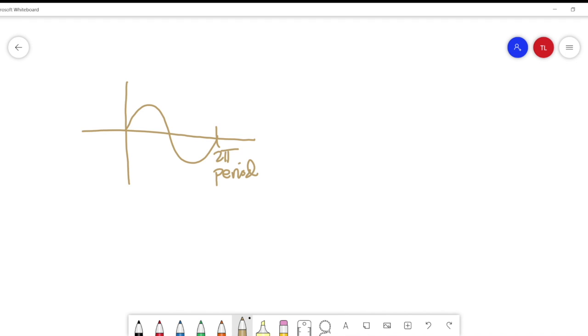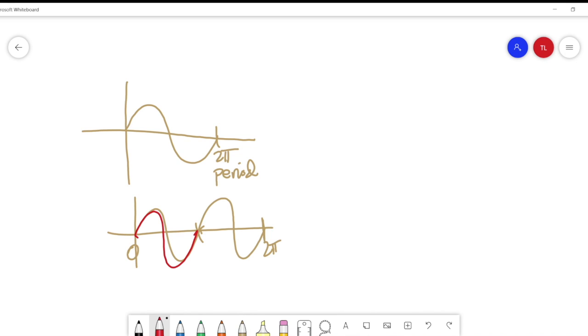But now, on this one, you go through 2 of them. How far did you travel to make one complete graph? From here to here is a period. So you had two periods across here.